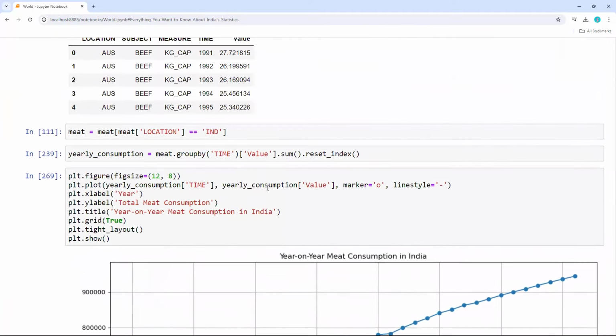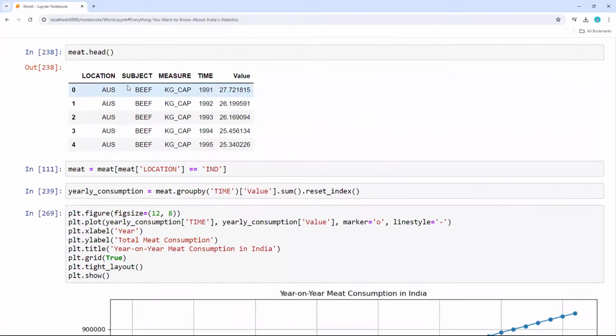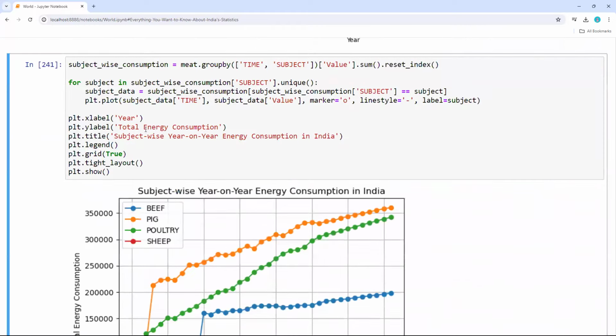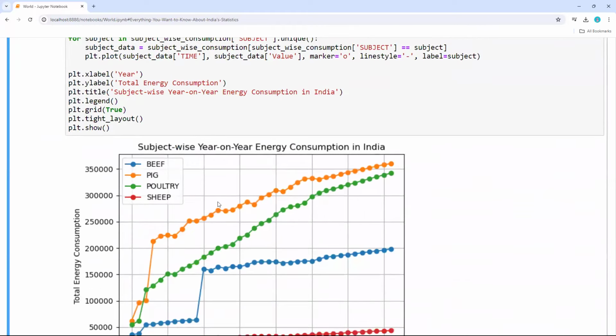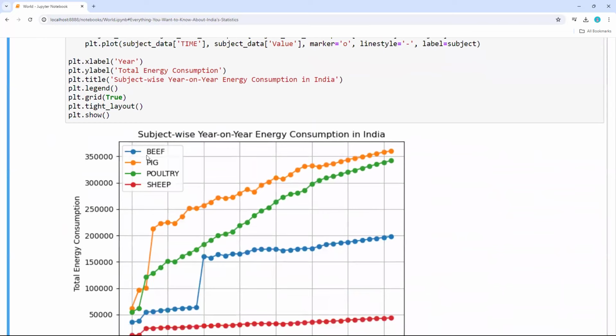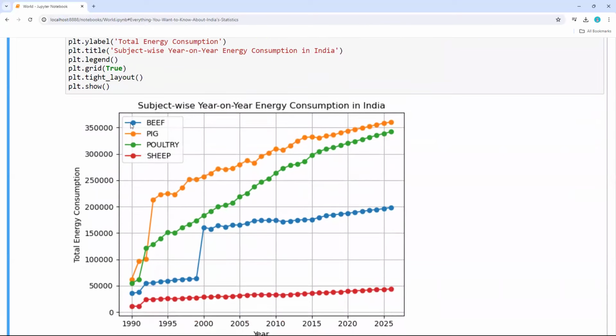If I look at it by subject, because we have different kinds of meat, you can see the subject-wise year-on-year consumption in India. This is for beef, pig meat, and poultry, which is nothing but chicken, and sheep, which comes under mutton. Beef and pig are in kilograms, whereas poultry and sheep are in tons.